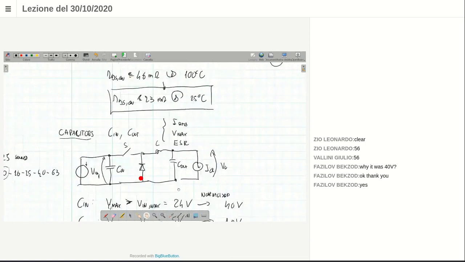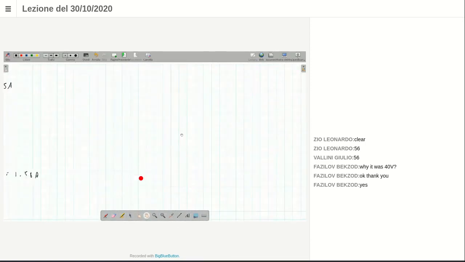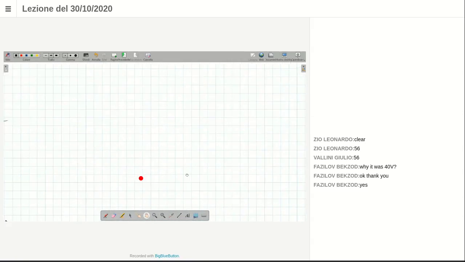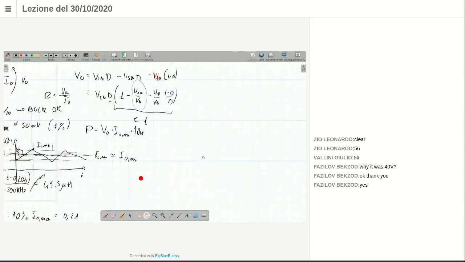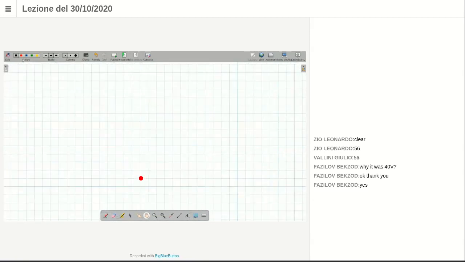Second important parameter is the RMS current. Why there is a concern about the RMS current?